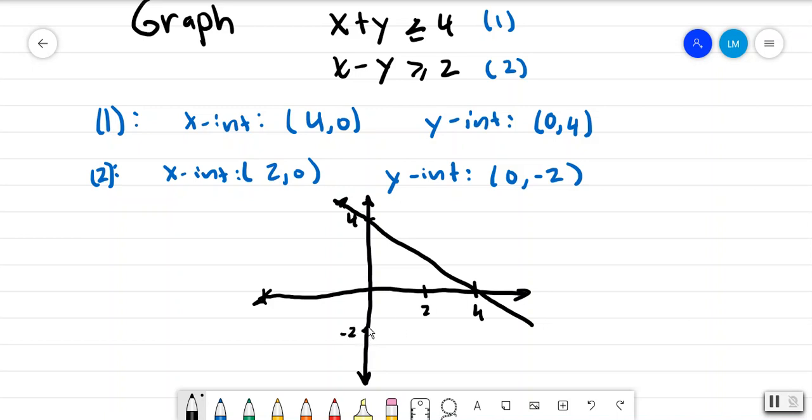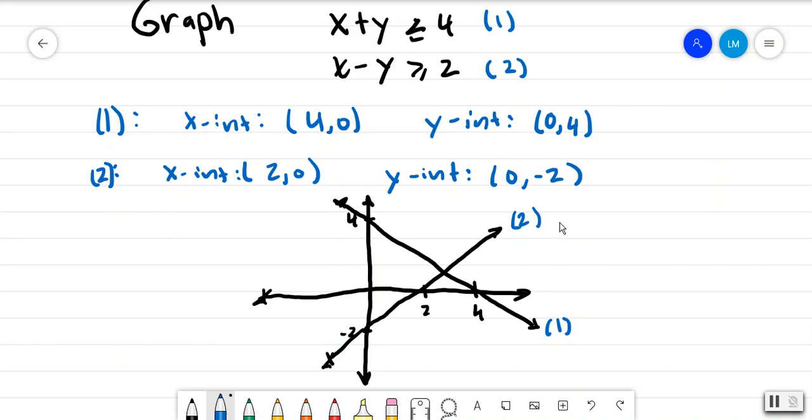So here is what that's going to look like approximately. Here's where we need to label some things. I know that this is the boundary line x plus y equals 4, and this is the boundary line x minus y equals 2.